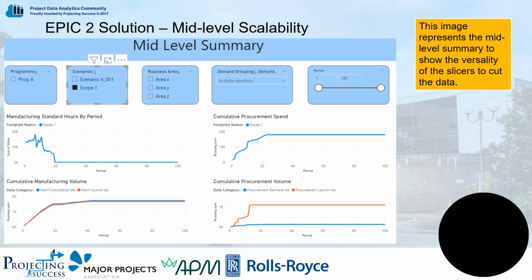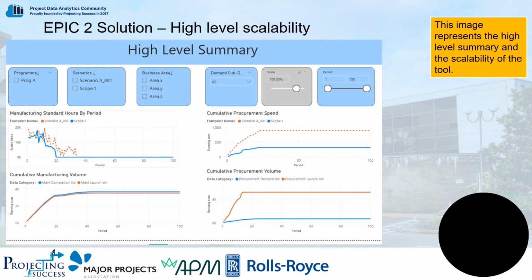What you can see there is a mid-level summary, and this level shows the versatility of being able to use slicers to cut the data. Here shows a high-level scalability option, and this allows senior managers to scale the tool as they see fit.